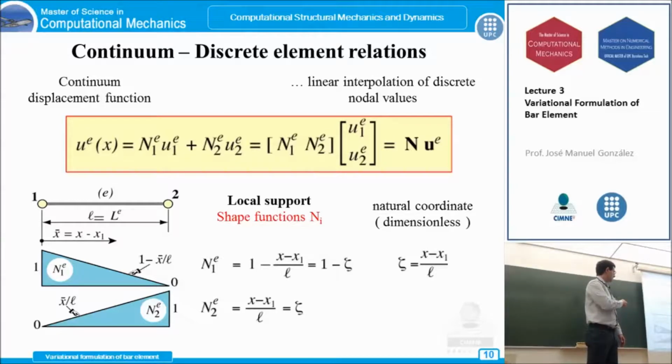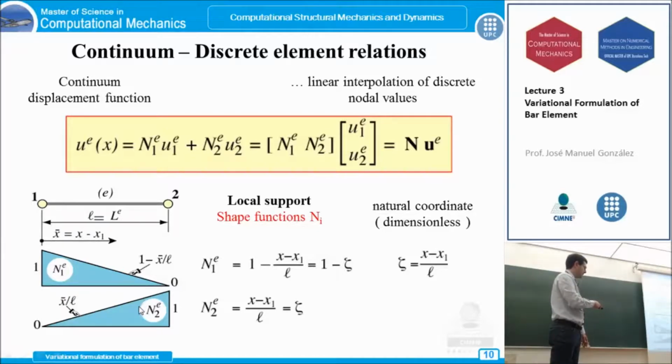The first condition is that these shape functions must be continuous over the bar element, and the second is that the value of these shape functions is 1 in its own node and 0 in the opposite node. Any of these shape functions is related with one node. This N1 shape function is related with node 1, so it must have the value 1 in node 1 and 0 in node 2.